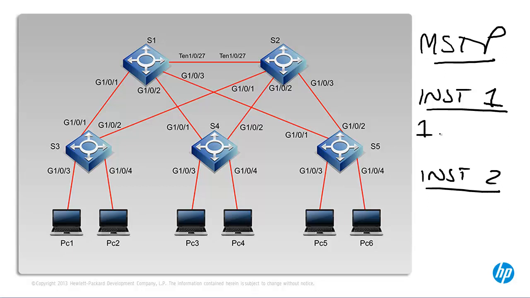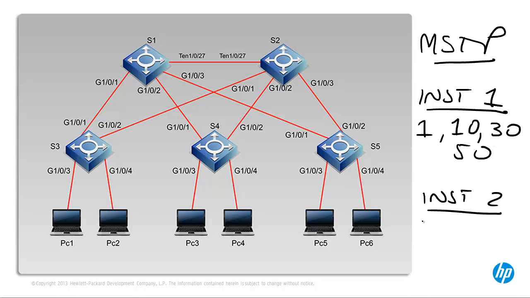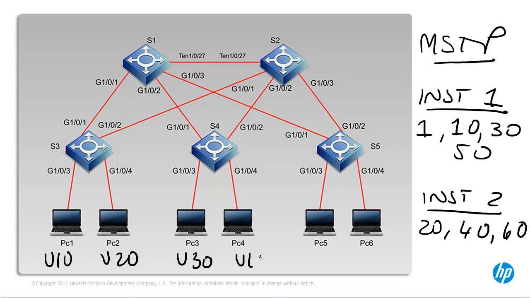So instance 1 would have VLAN 1, VLAN 10, VLAN 30, and VLAN 50 associated to it. Instance 2 would have VLANs 20, 40, and 60 associated to it. So our user VLANs as well as the management VLAN are associated with the spanning tree instances.